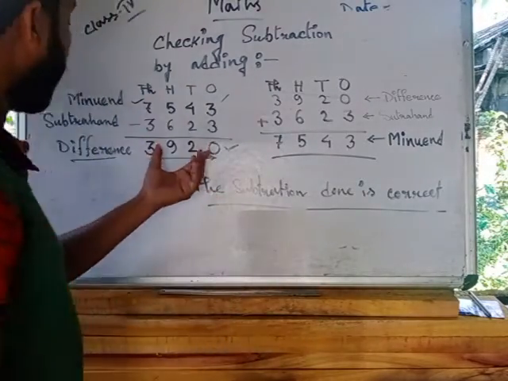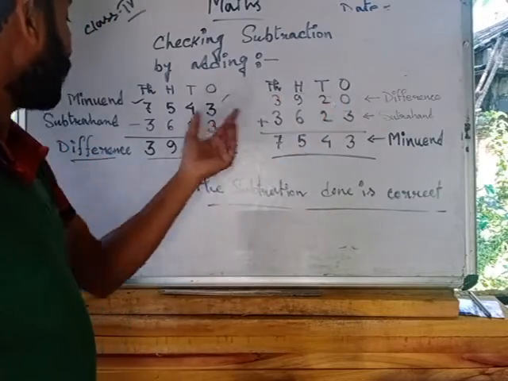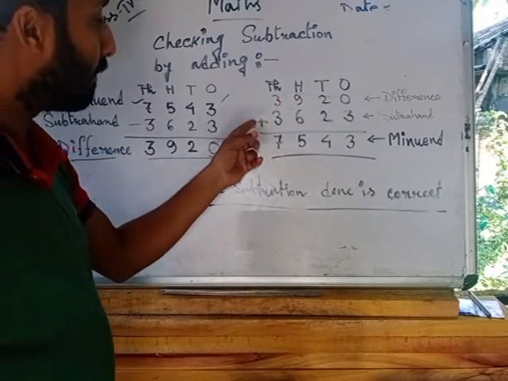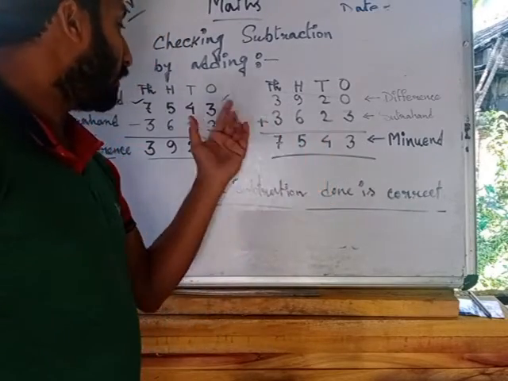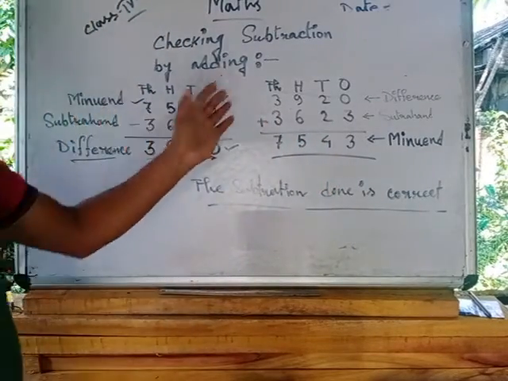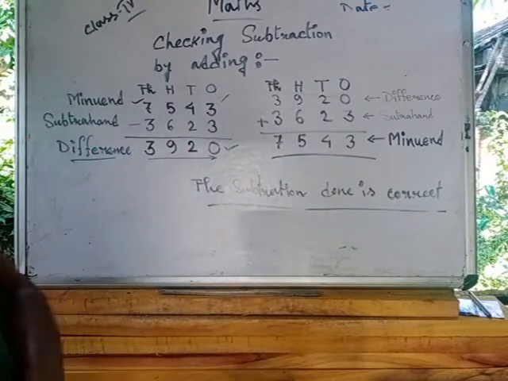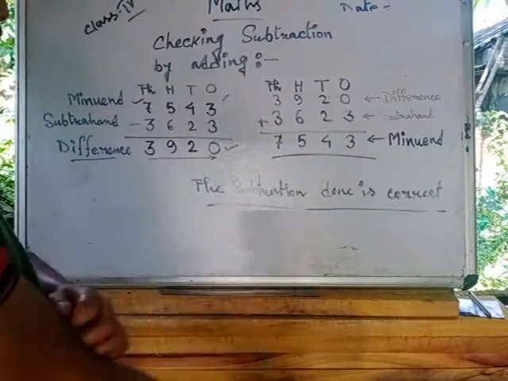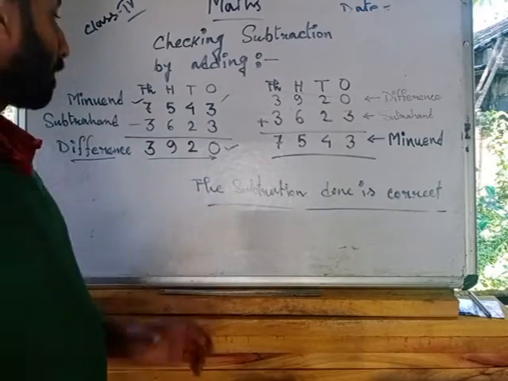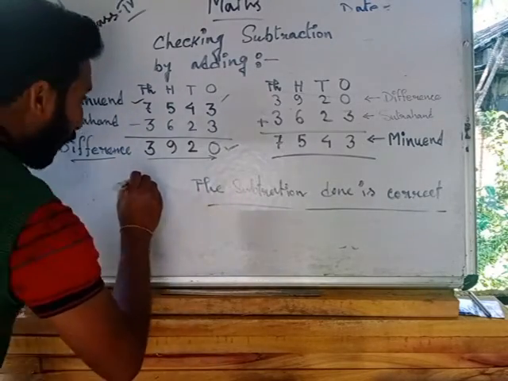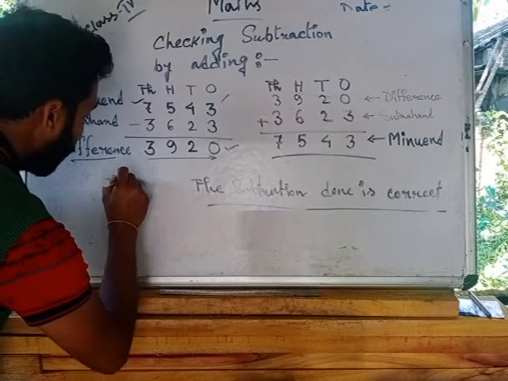We need the difference and the subtrahend added. Then if we get the minuend, it is correct. It is the checking subtraction process by adding, okay. Suppose I give you an example.